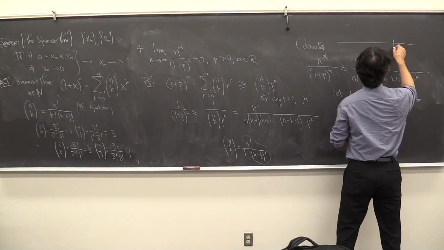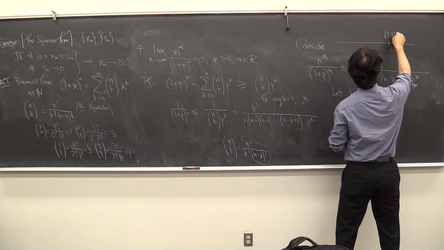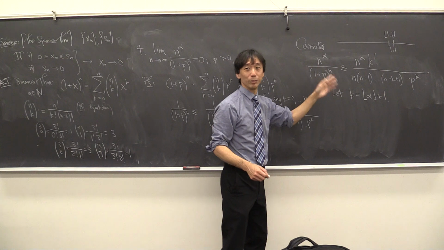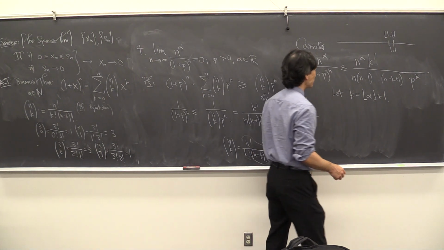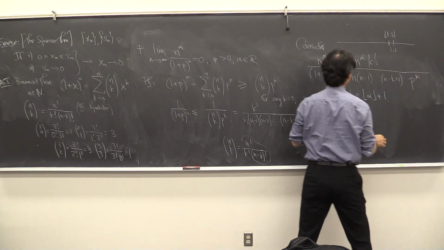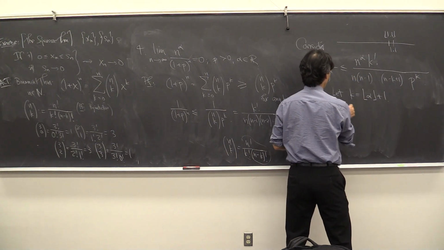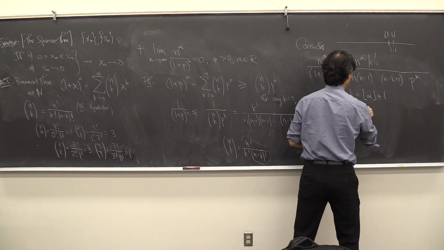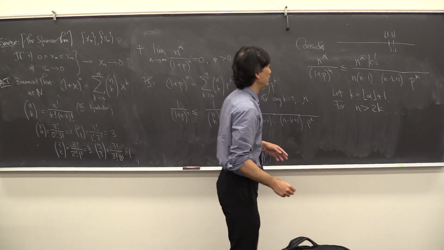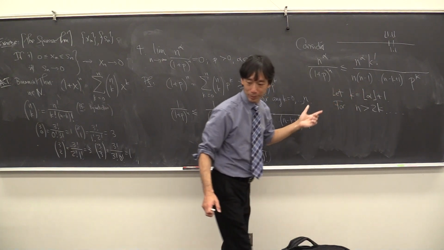Like, if alpha is 1.1, then the greatest integer is going to be 1. It just chops off the decimal portion, basically, except for negative numbers, and you just assume it's positive. Okay, and then for n bigger than 2k, sorry, got missing.